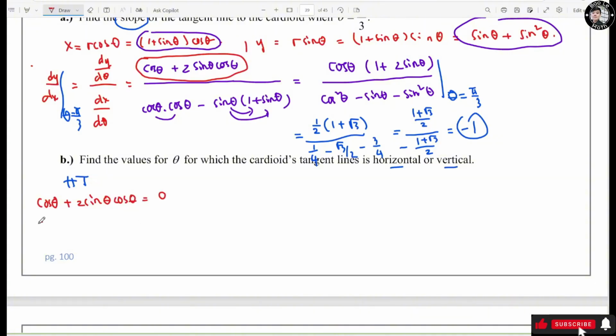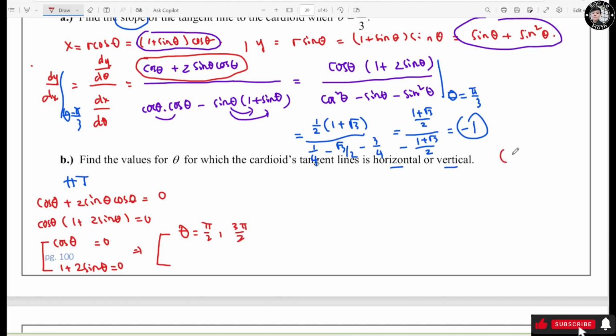Now I'm going to factor cosine theta out. So it could be cosine theta times 1 plus 2 sine theta equals 0. So this one is the zero product, so I'm going to let each of these equal 0. Now this guy turns out to be cosine theta equals 0, theta equals pi over 2, 3 pi over 2.